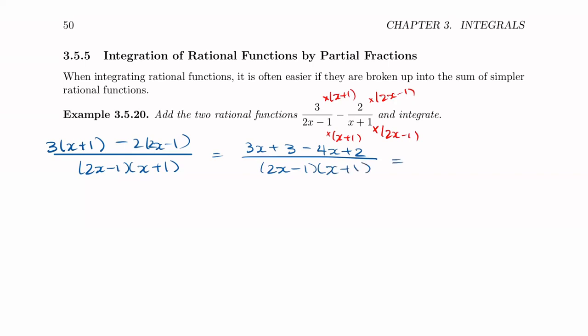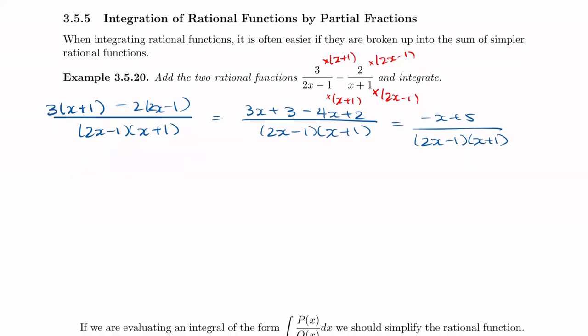So we would just get negative x plus 5 divided by 2x minus 1, x plus 1. So now if we actually try to integrate this, we integrate negative x plus 5 divided by 2x minus 1, x plus 1 dx.